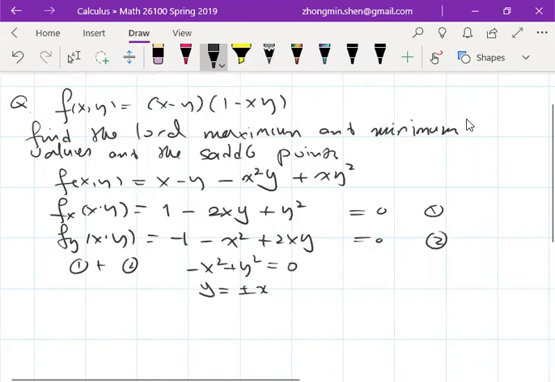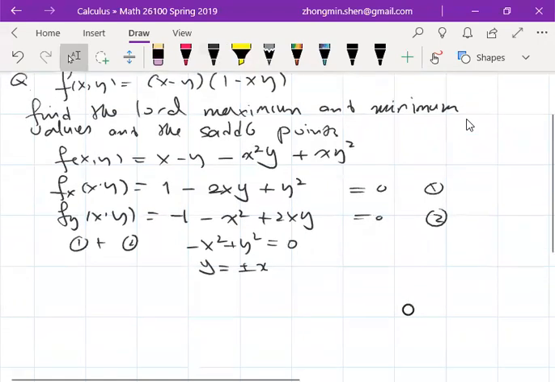Okay, so then y equals plus minus x. So you can do case 1, case 2. Case 1, y equals x, to see if we can get solutions. I put x for y into the first equation.